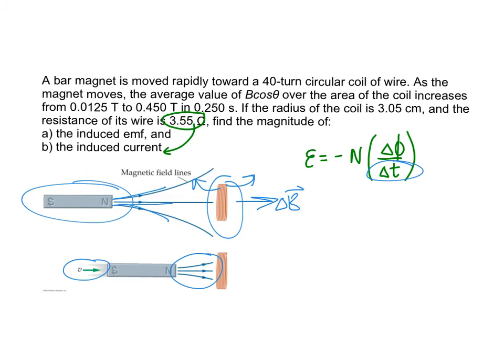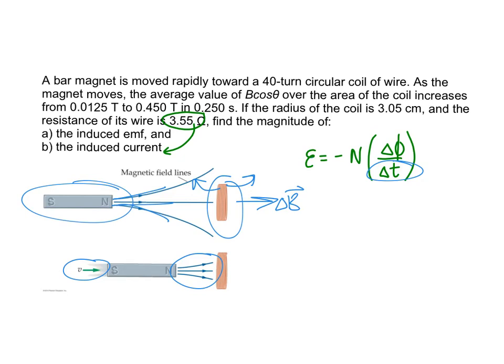What else could I change? I could change the area of the loop. That would be like scrunching the loop down, keeping it in the same orientation, so I'm not rotating it, but scrunching the loop down or widening the loop, believe it or not, would also change the amount of flux, because that would increase or decrease the number of magnetic field lines going through the loop due to the smaller or larger area.